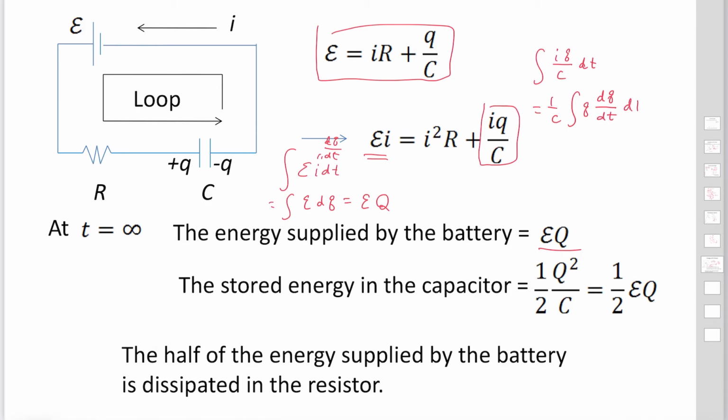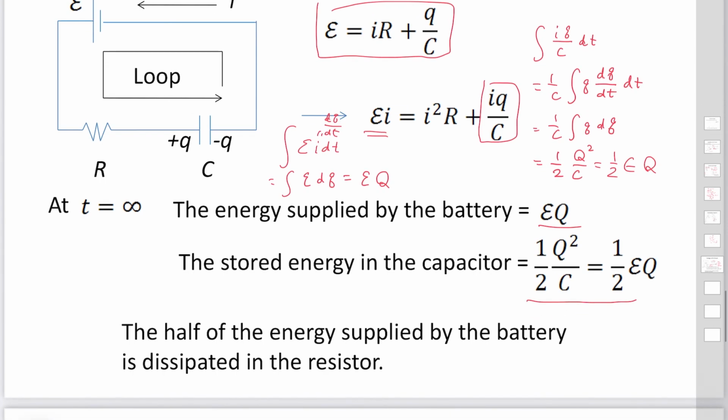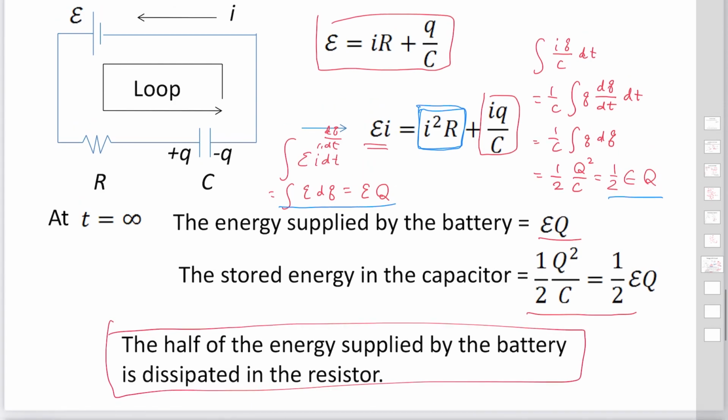Then 1 over C q dq gives 1 over 2C q squared, which is 1 over 2 epsilon q. This is the stored energy in the capacitor. So this means half of the energy supplied by the battery is dissipated in the resistor as heat. In this session, I explained the RC circuit. Okay, this is the end of this session.